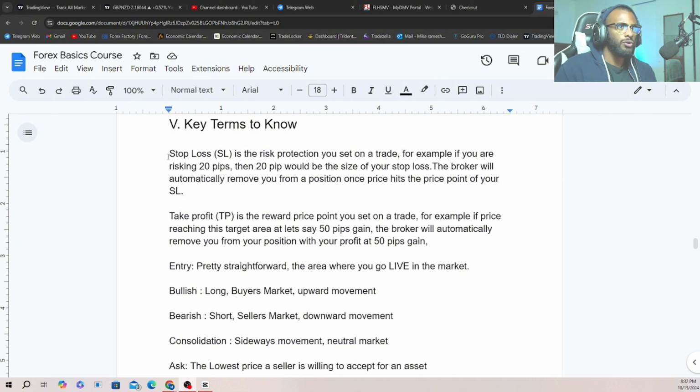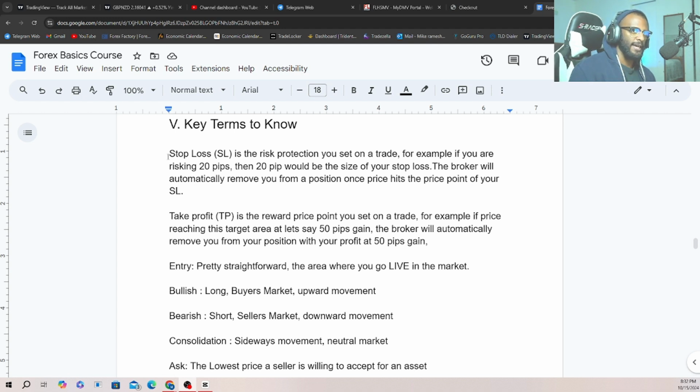The broker you use will automatically remove you from your position once the market price hits the price point of your 20 pip stop loss. Pretty straightforward. When you input a stop loss into the market, the broker automatically takes you out of the market at that particular price point.